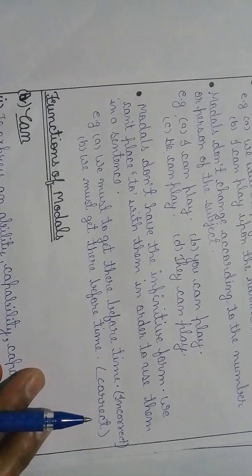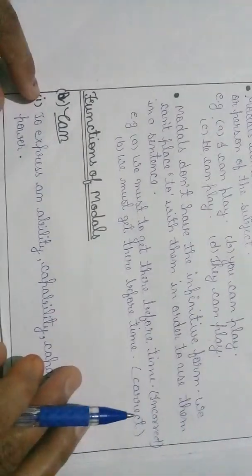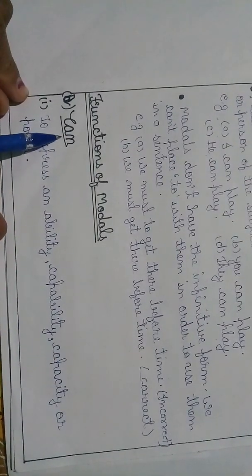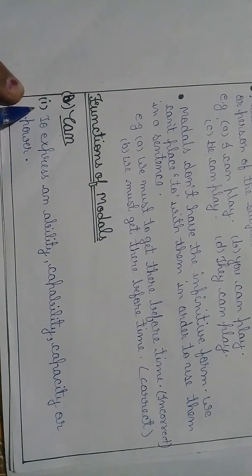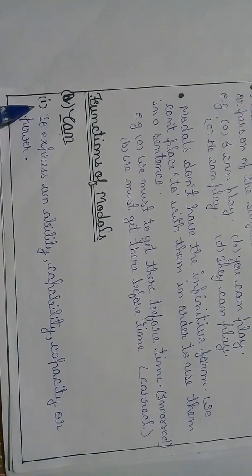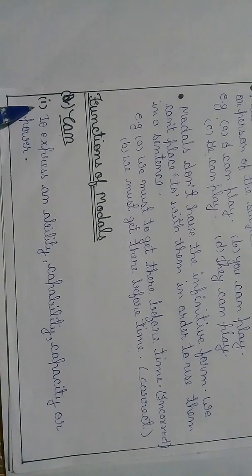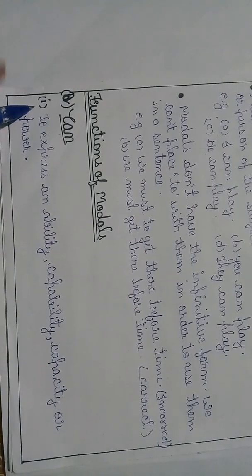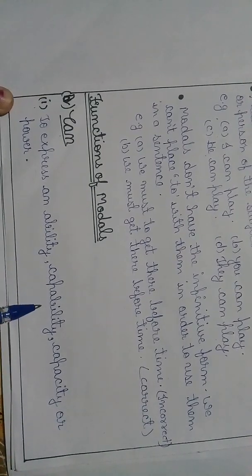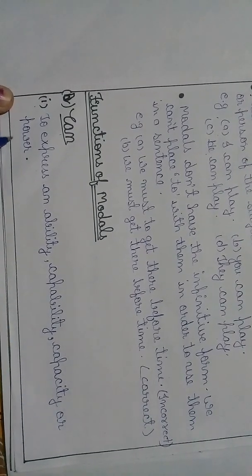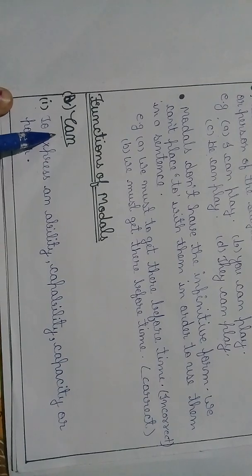Now let's see the functions of modals. First of all, can. Number 1, how we use can and what are the things that can be shown through can. To express an ability, capability, capacity or power, we use can.